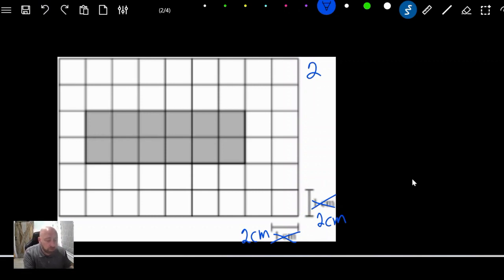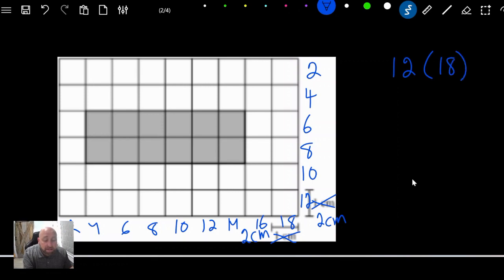So we'd have 2, 4, 6, 8, 10, 12. Now this would be 12 by, and this would be 2, 4, 6, 8, 10, 12, 14, 16, 18. So now we would have 12 by 18 when we do our multiplication.